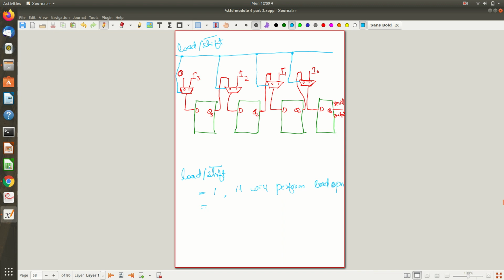Now when this is equal to 0, load will not be activated, so shift bar will be 1. Shift is active low, right? So it will perform the shift operation. What kind of shift? You want to take the data out, so the right shift operation.